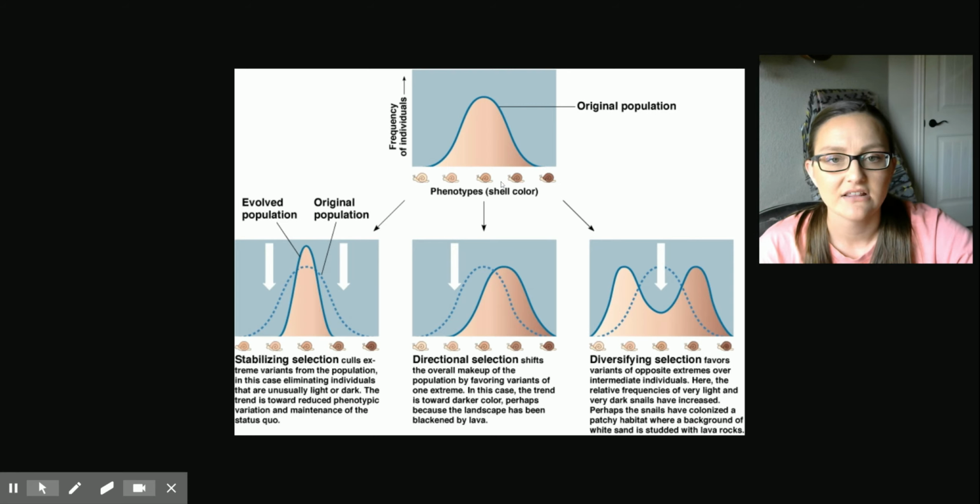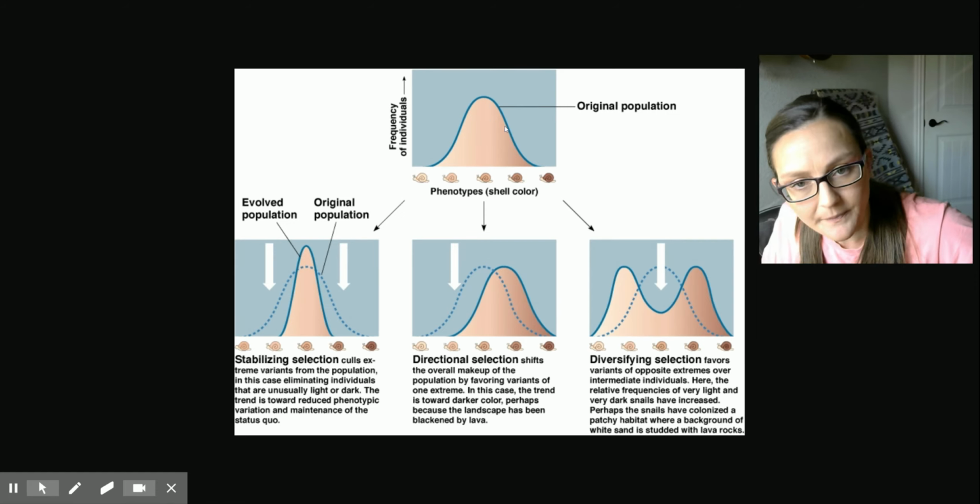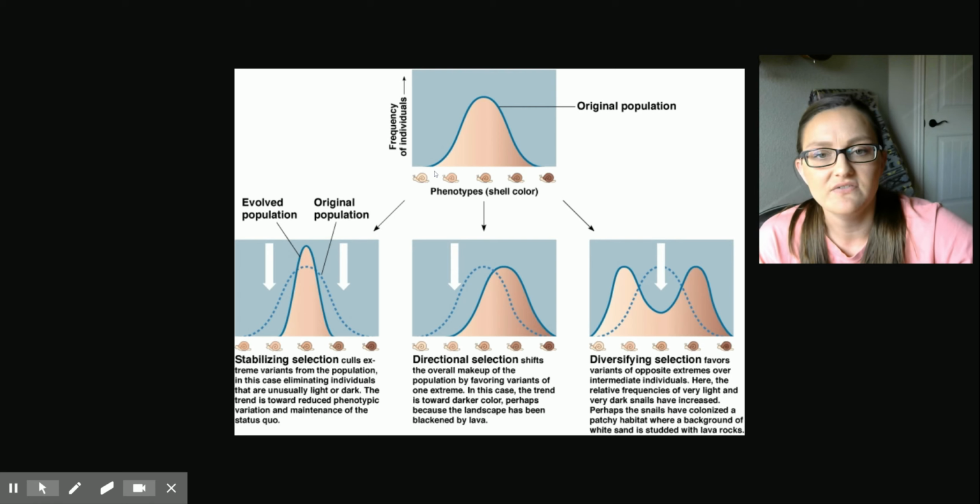And it looks like the largest amount have a neutral middle average color. So we're looking at this sort of medium beige, and that is the highest percentage of snails, the largest number of individuals. That means that the fewest individuals have very, very light shell colors, and equally so, very, very dark shell colors.